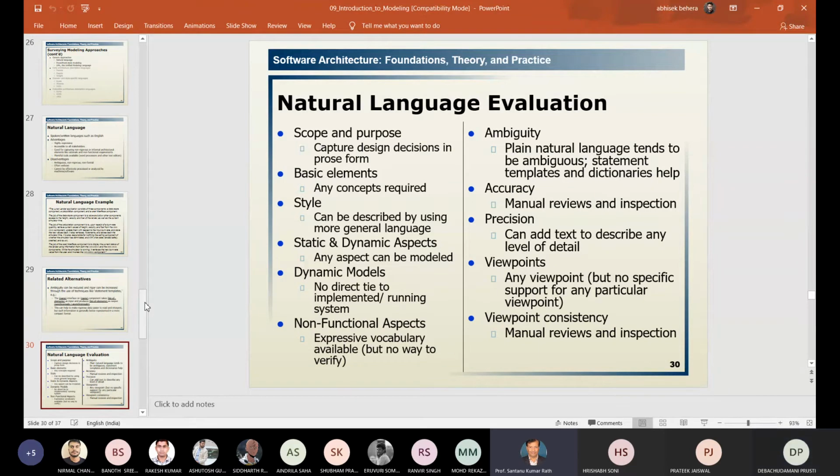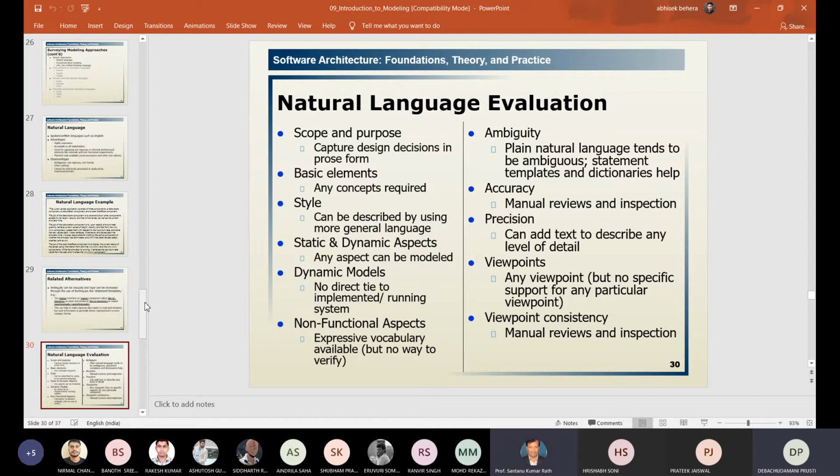For each one, we will evaluate these 11, for each language: for UML, for Darwin, for Wright or Rapide, for ADML, for XML, for Acme, for everything we will evaluate all the 11 parameters.